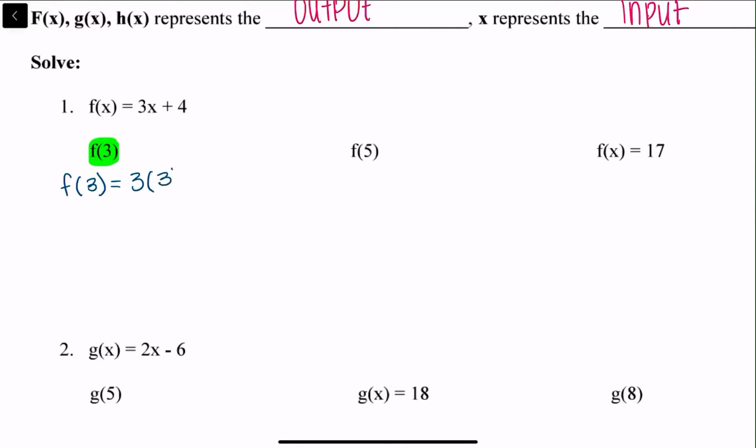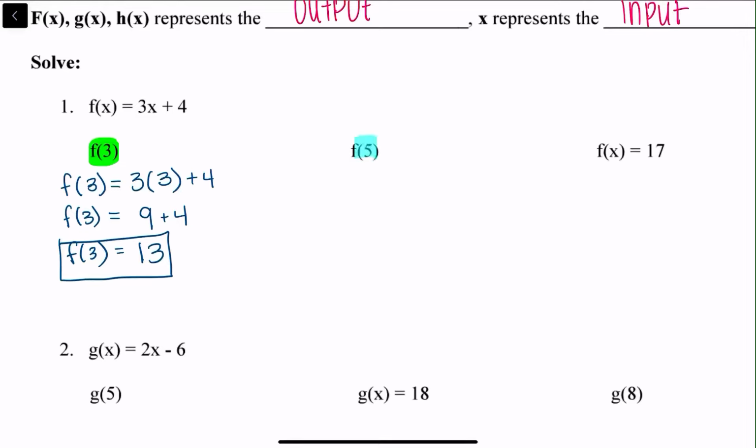So instead of 3x, I'll put 3 times 3 and then plus 4. Now I'll use my mathematical properties to simplify my equation. 3 times 3 is 9, and 9 plus 4 is 13. So f of 3 is going to equal 13.